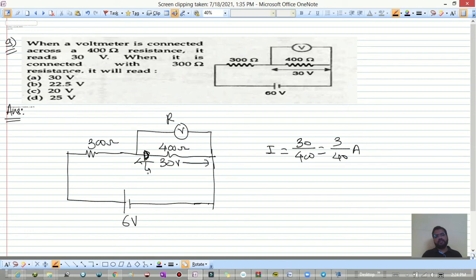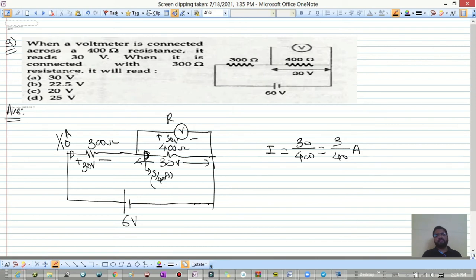Okay, so current in this is 3 divided by 40 ampere. Right then, so this 30 volt will exactly apply across this, right? This is 30 volt. And what is the potential difference across this? If this is 30 volt, it must be 30 volt. And what is the current then? So it is 30 divided by 300. It will become 1 divided by 10 ampere.